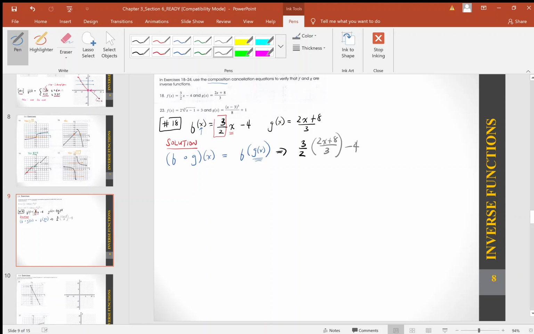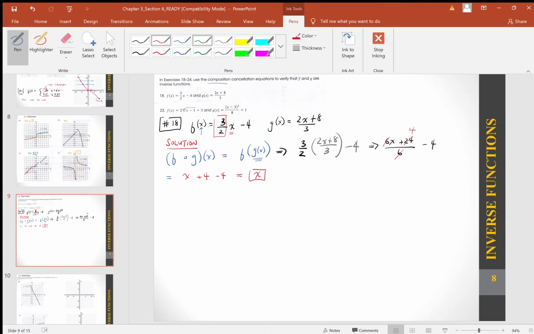So when I take that a step further, I'm going to get 6x plus 24 divided by 6 minus 4. If I take that a step further, my 6 can actually cancel out. 6 goes into 6 one time. 6 also goes into 24 four times. So I'm going to be left with x plus 4 minus 4 equals x.